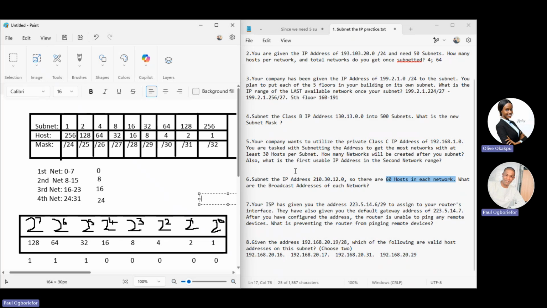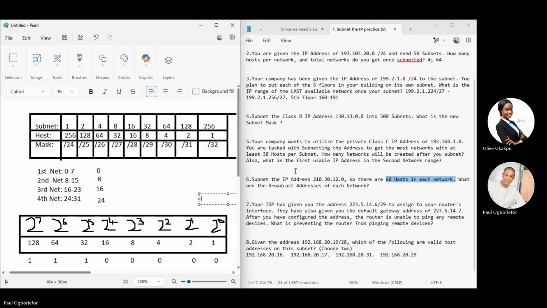You don't need calculation. But then it said, what are the broadcast addresses of each network? These guys just want to mess up your brain, right? This question now, you see that they did not put slash anything here.